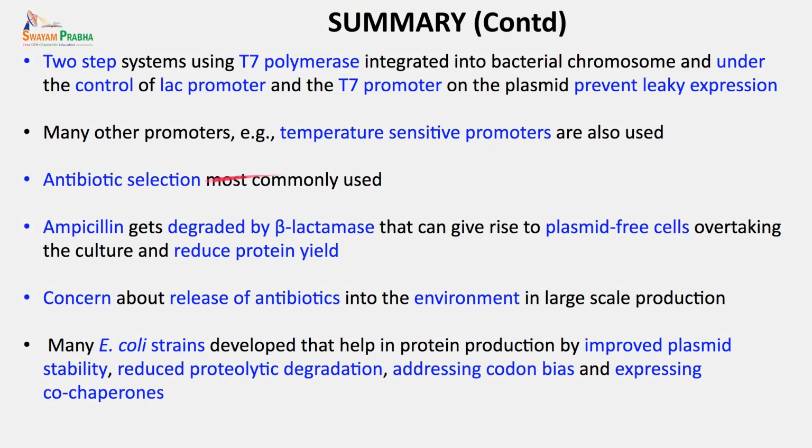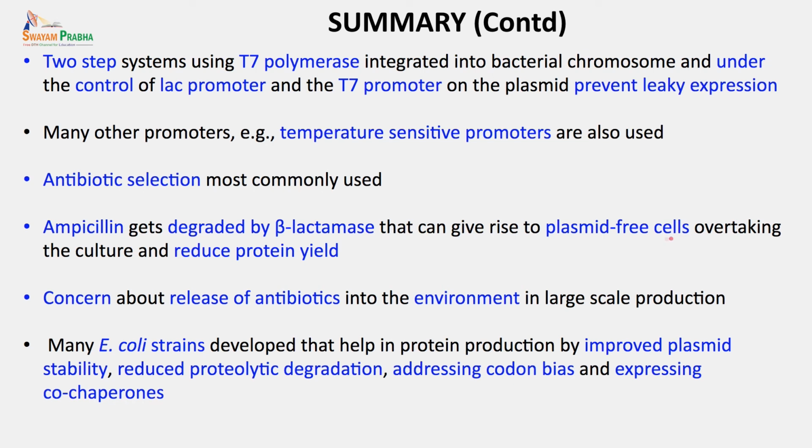The antibiotic selection is the most commonly used selection method, and ampicillin is the most commonly used antibiotic, but ampicillin suffers from the limitation that it gets degraded by beta-lactamase, and therefore it can give rise to plasmid-free cells that can overtake the culture and reduce the protein yield.